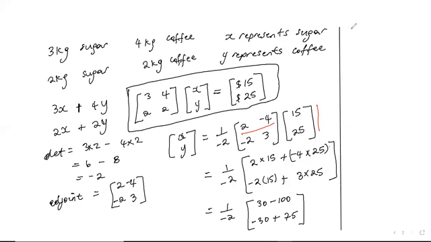All right, so now we have 1 over negative 2 times 30 minus 100, which gives me negative 70, because it's 30 minus 100, not 100 minus 30. And negative 30 plus 75 gives me 45. So 1 over negative 2.